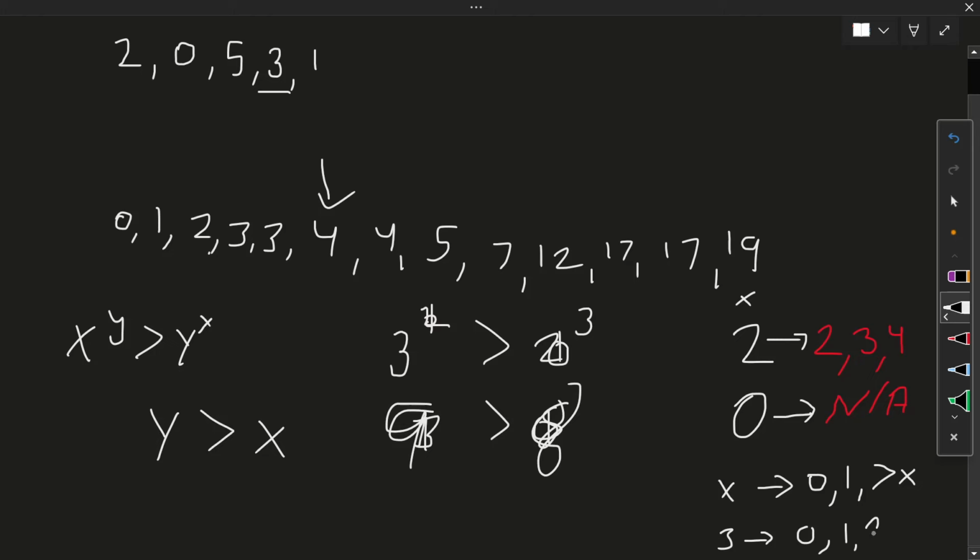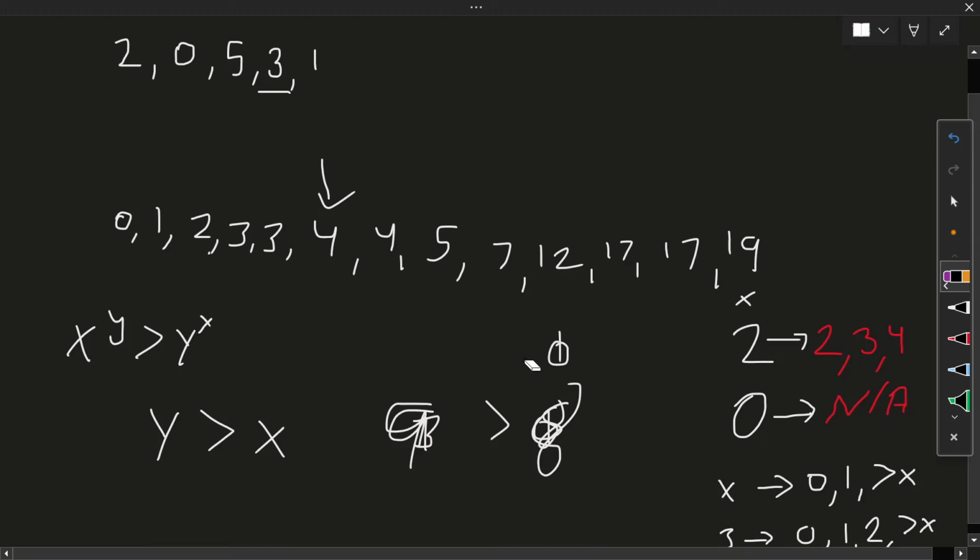So for 2, 2 is also correct. So 0, 1 and 2. What about 3? So 3 is not correct because we have equal values. Then we have all the greater values on this side. So we are finding some exceptions.